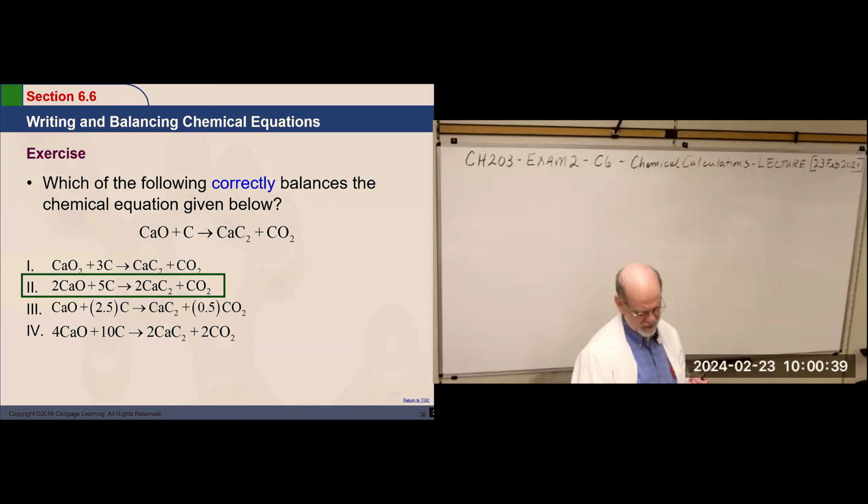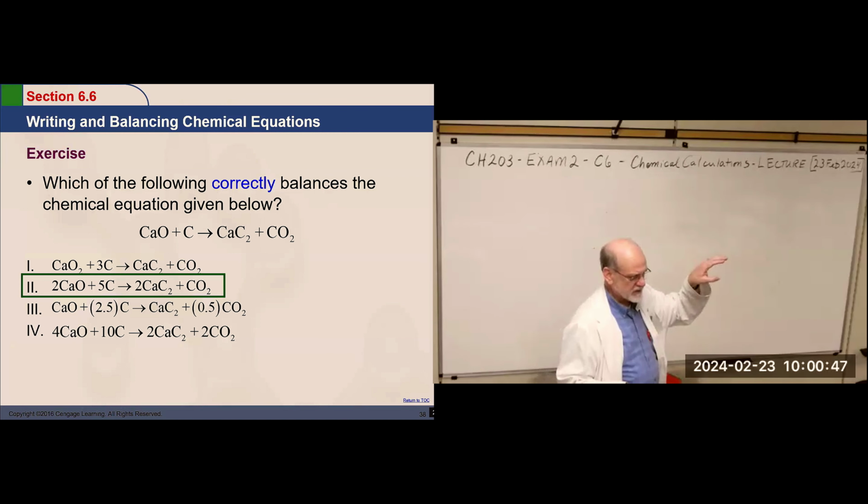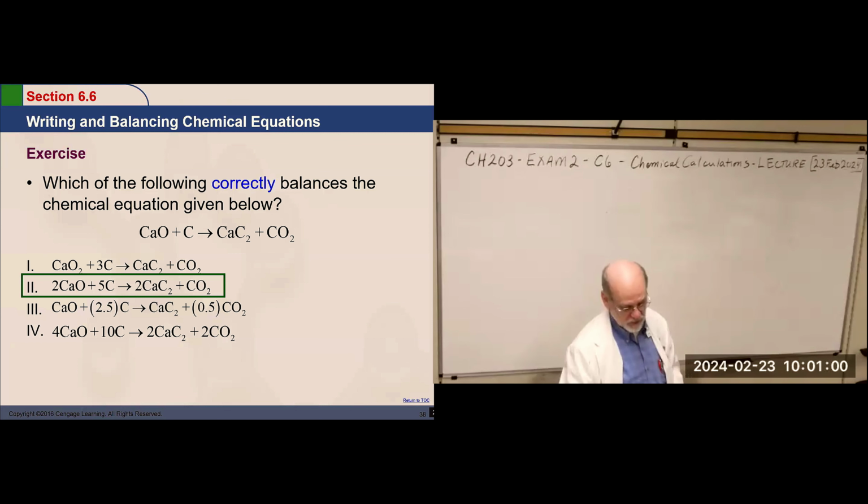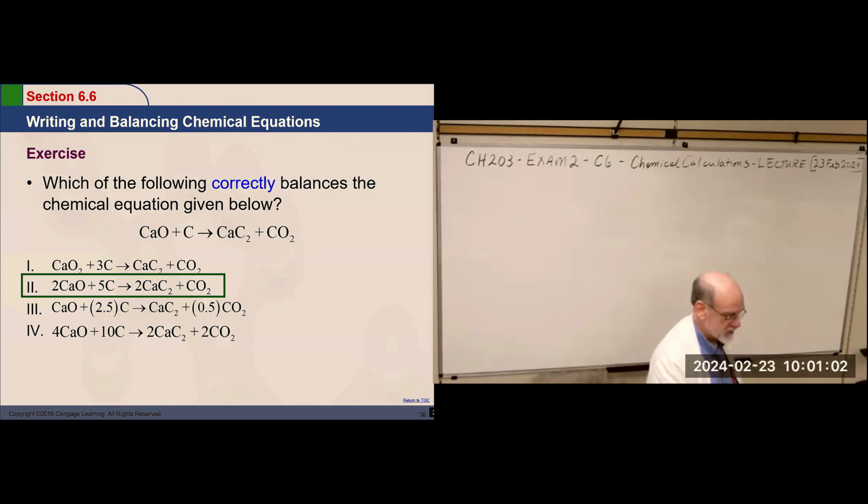But that's not the simplest whole number ratio. So check your coefficients at the end, and be sure that it's the simplest whole number. Can you divide through by a 2 or by a 3 or by a 4 and get a simpler ratio? If not, then you're good with the coefficients that you have.